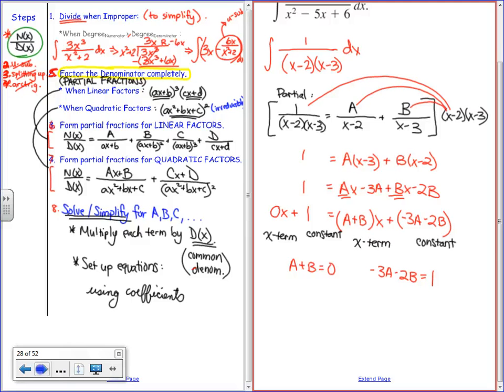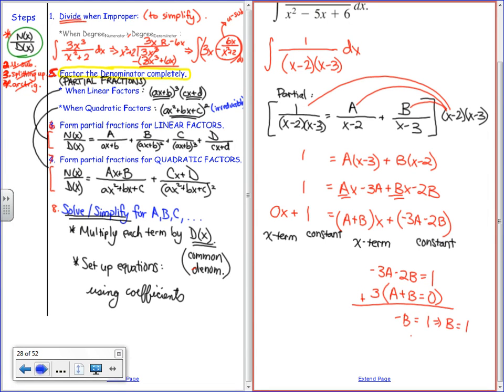Hmm. So then I can solve. Yeah, the first one times 3 and plus second. So I could do times 3. So 3A minus 3A, whoosh, negative 2B plus B. B equals negative 1?